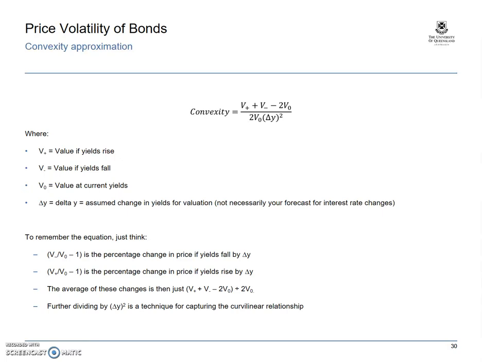The average of these two will then simply be V positive plus V negative divided by 2V0, minus 1. And then further dividing by delta y squared helps us capture that curvilinear relationship.